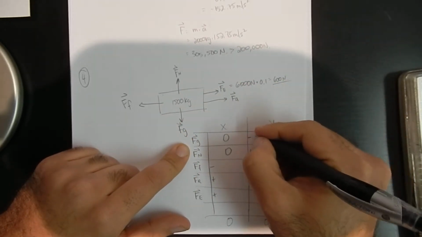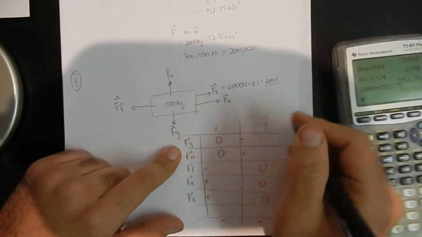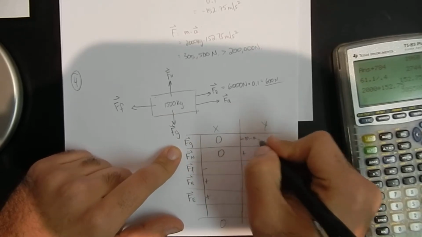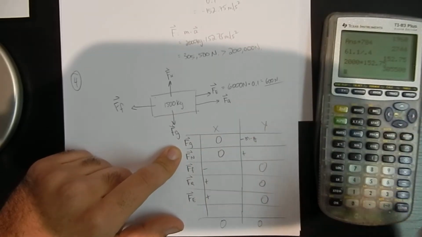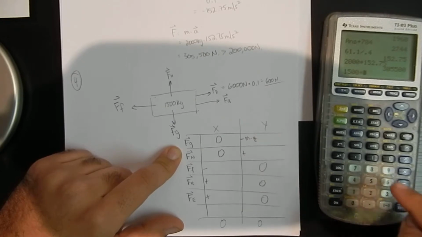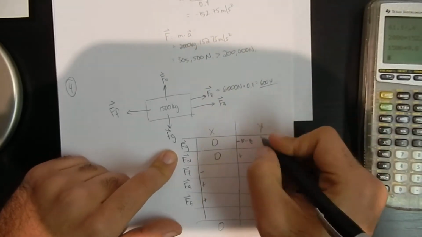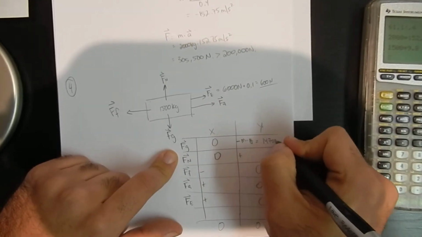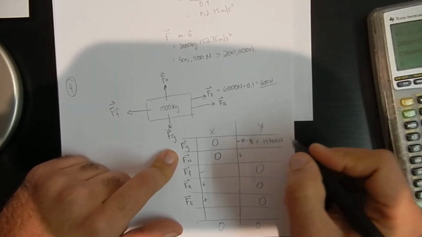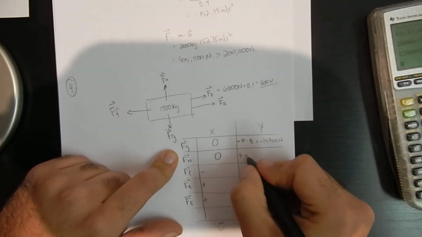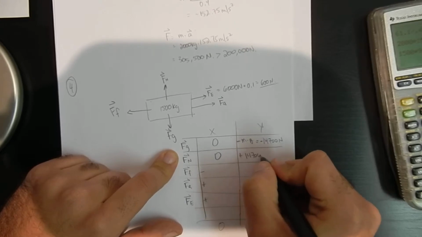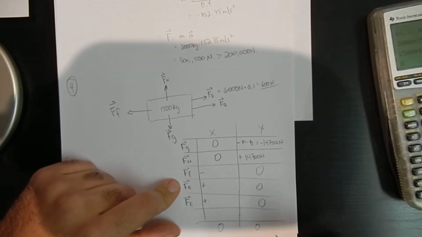And this is going to be mass times acceleration. So F equals m times g. So mass is 1500 times 9.8. This is equal to 14,700 newtons in the negative direction. So therefore this is going to be 14,700 newtons in the positive direction.